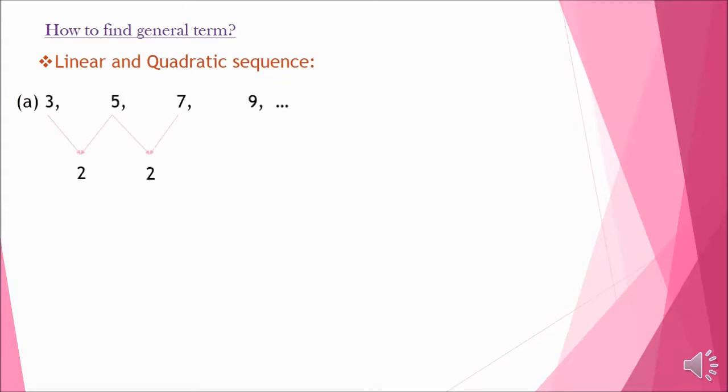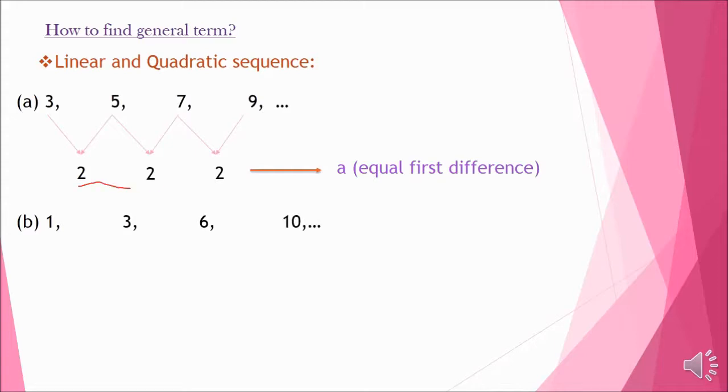Now how to find the general term? First we have to understand linear and quadratic sequences. First let us consider a sequence. See, in this sequence the difference between the terms is 2, 2, 2. This is called the first difference, and the first difference is equal.